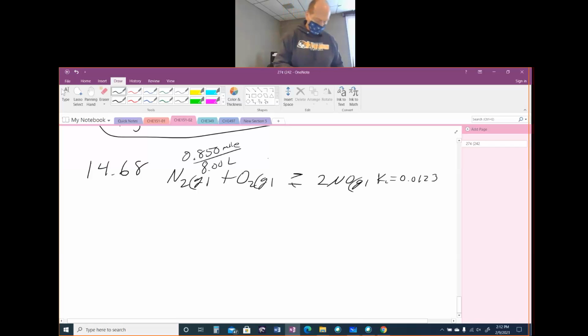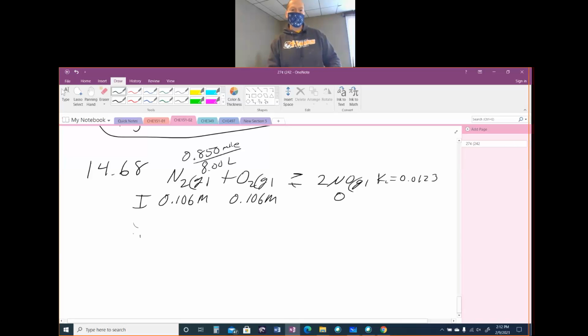So I take my 0.850 divided by my 8.00, and so my initials are 0.106 for both the N2 and the O2. Right, so you have 0.850 moles each of N2 and O2 in an 8 liter flask. So there's your initial concentrations. Nothing said about the NO.